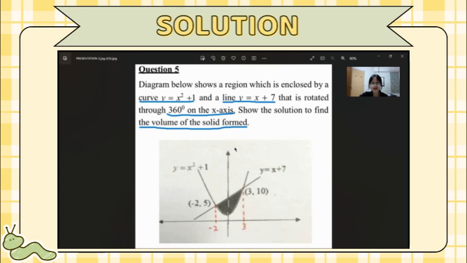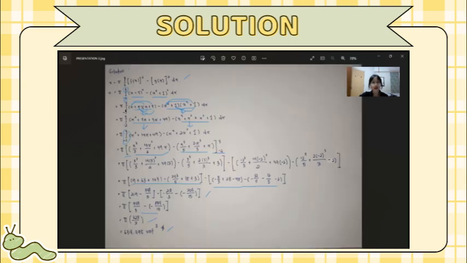For f(x), substitute y equals x plus 7, and g(x) is y equals x power 2 plus 1. So you will get the value like this, substituting the values that have been given in the diagram into the formula.